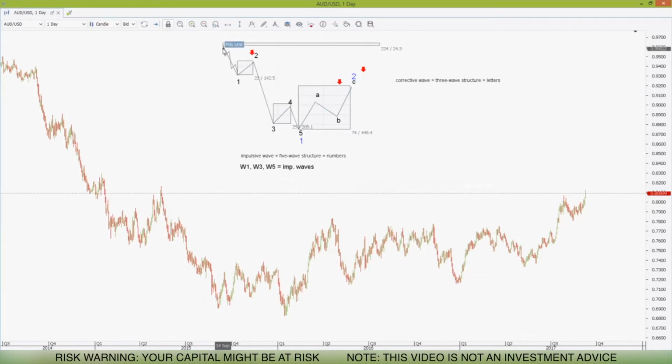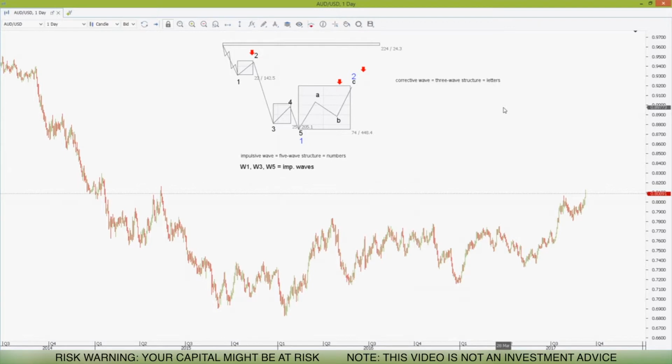It would be, or it can be, 1, 2, and then it starts in black again: 1, 2, 3, 4, 5, corrected with A, B, C, and so on and so forth. So a corrective wave is a three-wave structure. But mind here that corrective waves are more complex and expand into so many different areas that the Elliott Wave theory, at least as it was intended to be, becomes very complicated.